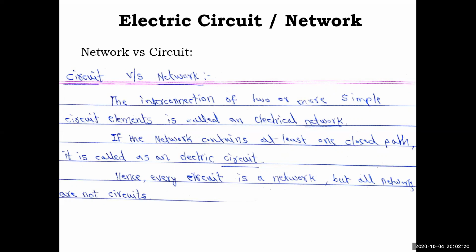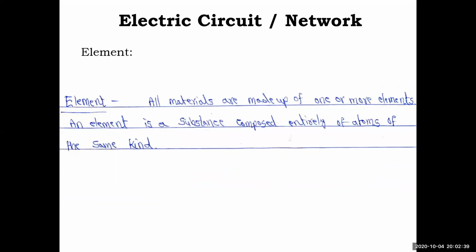Based on this literature, we say every circuit is a network, but not all networks are circuits. You may read this somewhere and feel confused, so that's why I have introduced it. But we will see it here as a network or an electric circuit only. There is not much difference.